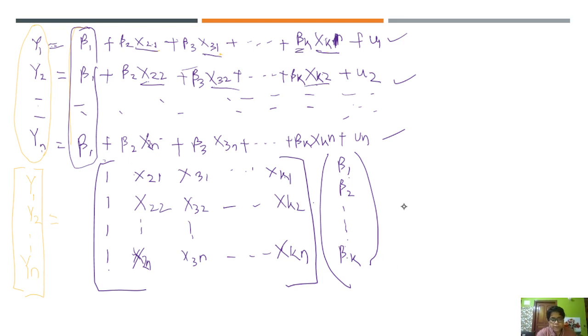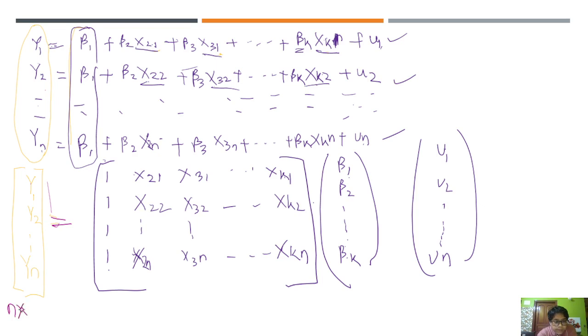And then you are putting the error terms. So this is u1, u2 to un. Now if you want to establish the relationship between them, you can write the equation: the dependent variable y1, y2 till yn will be equal to this.